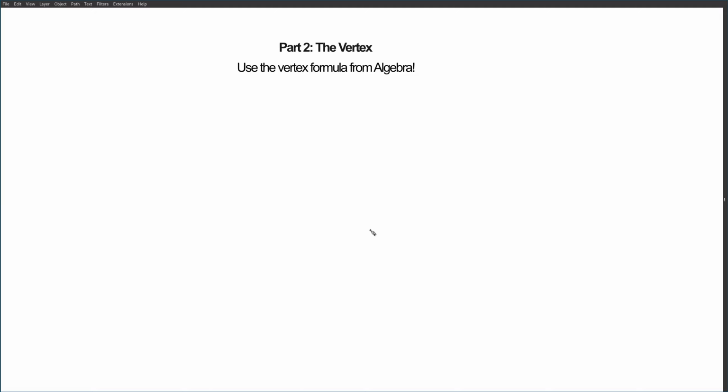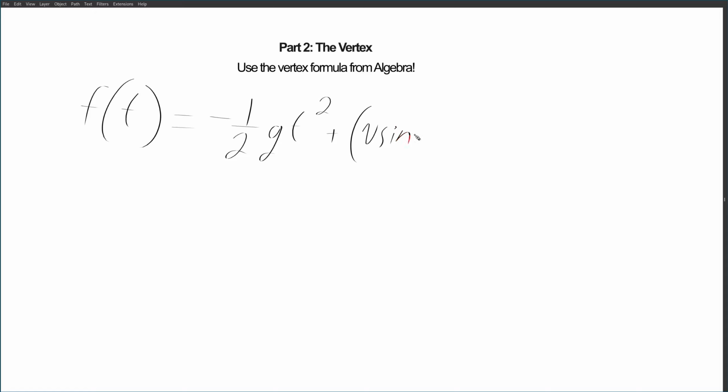We're going to begin with the vertex. Let's write out what we got in the previous section. We got that f of t is equal to negative 1/2 g t squared plus, in parentheses, v sine theta, times t.